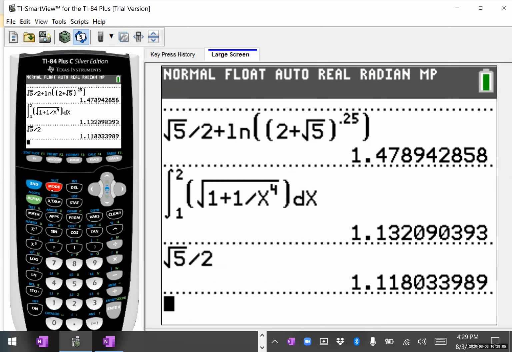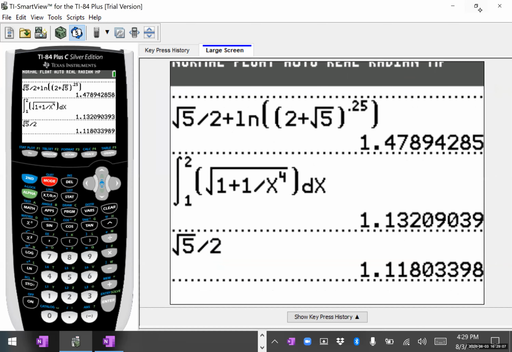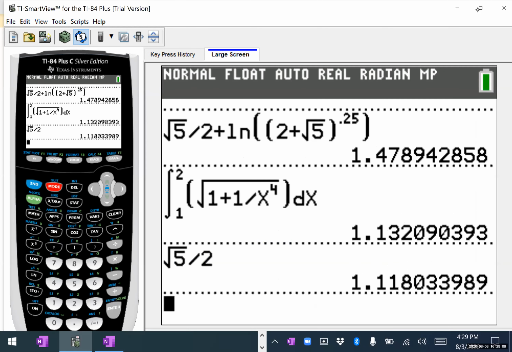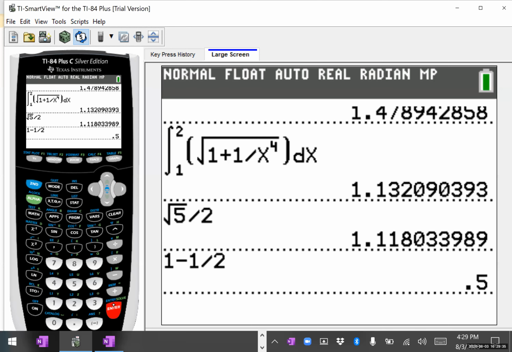Okay, so what we're doing. Let's do this. We were going to go 1 plus 1/2, or 1 minus, sorry, 1 minus 1/2. And if I really want to, I can change this to a fraction, right?